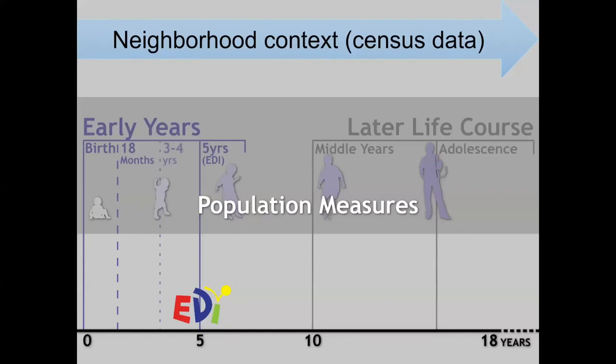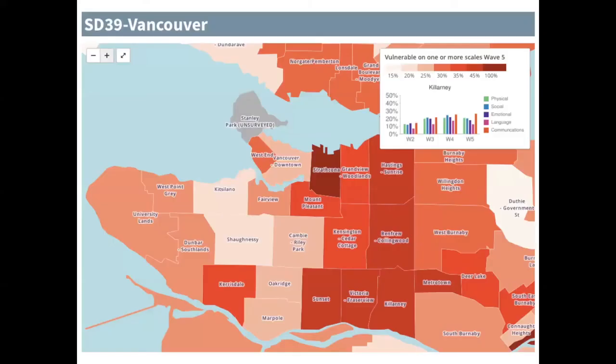So one of the important linkages through the first life phase of the EDI has been linking it to neighborhood context data through obtaining census data and tax filer data from Statistics Canada. You saw a couple examples from Magdalena, and I'll just highlight one additional piece that we've started looking at with our Pan-Canadian group, where we not only try to explain the variability.